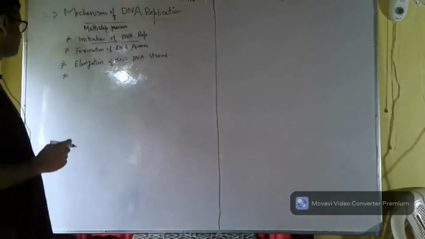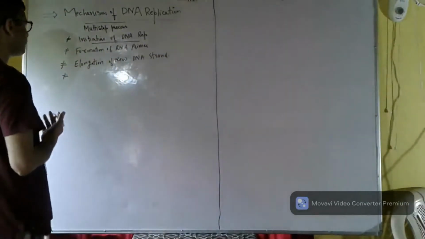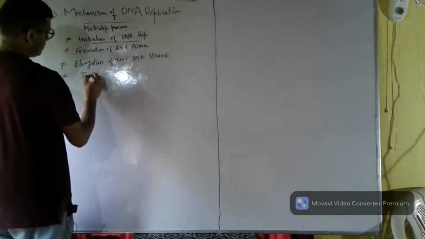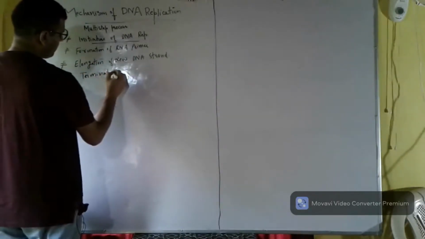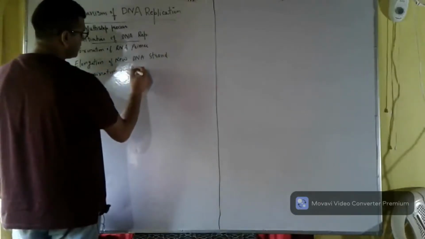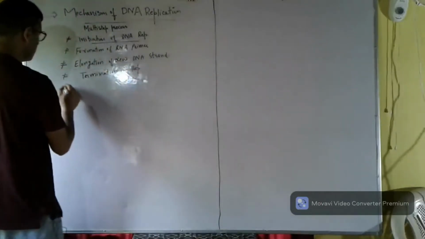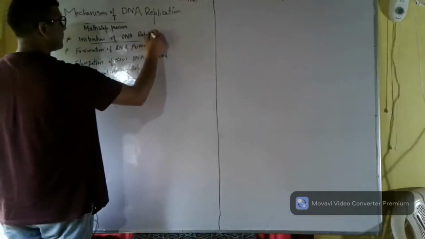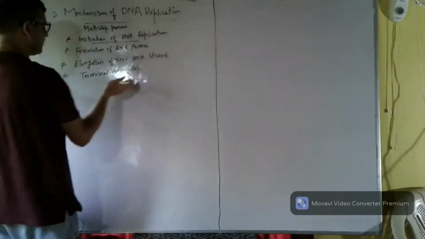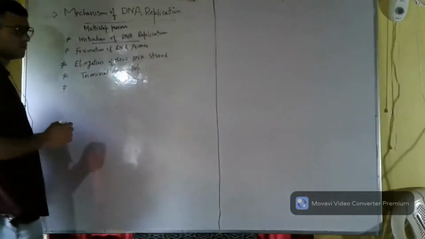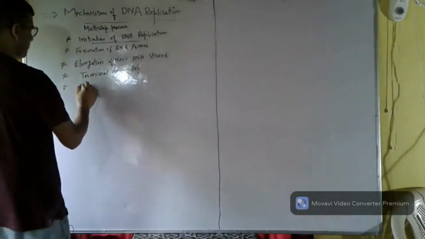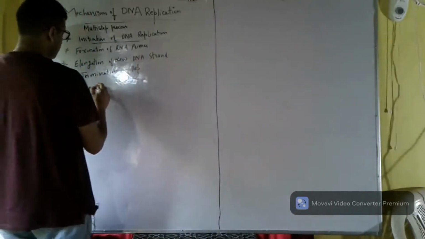Then we have termination of replication. Then fourth, we have proofreading and cross-checking.